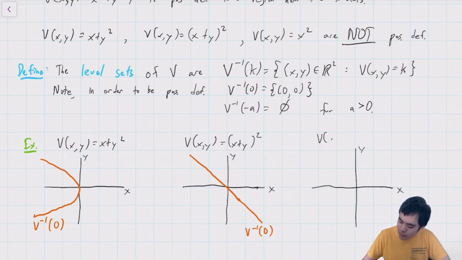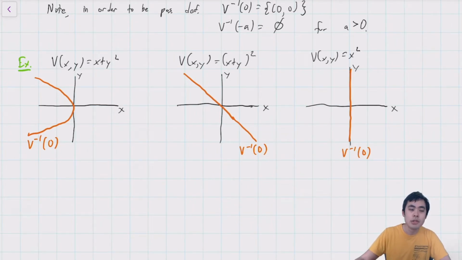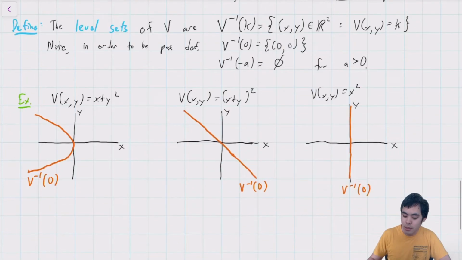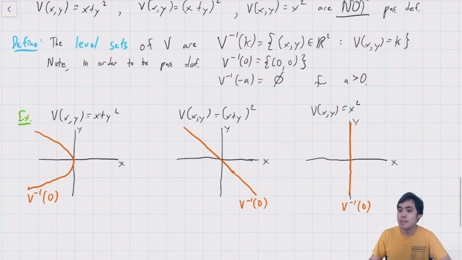And we had the last one, which was v of xy is equal to x squared. Well, the level set here is just when x is equal to 0, so the entire y-axis. So those are some examples where we can use level sets to see that something isn't positive definite.